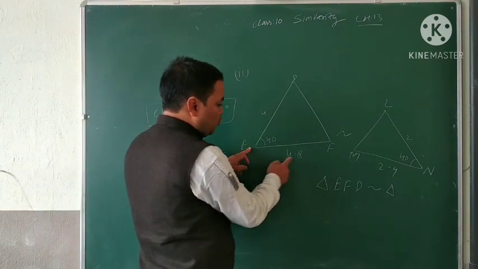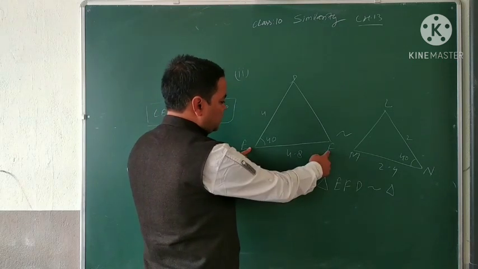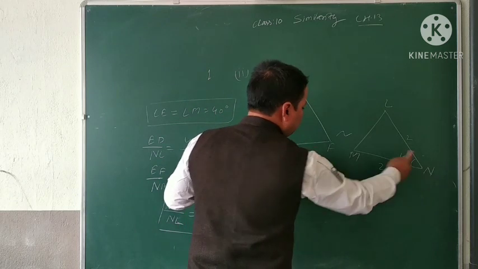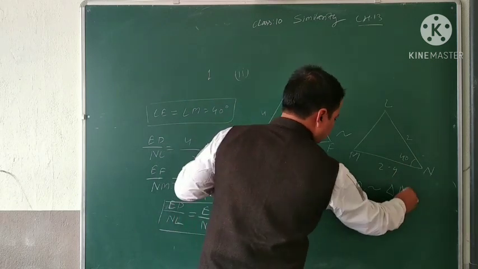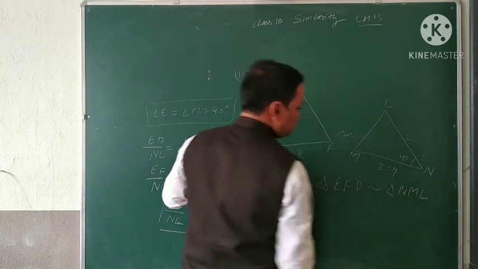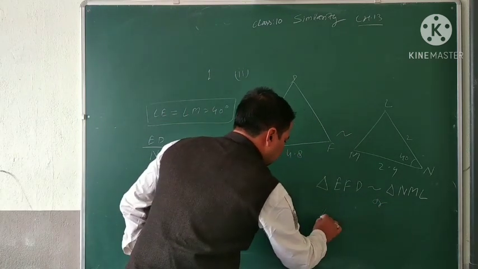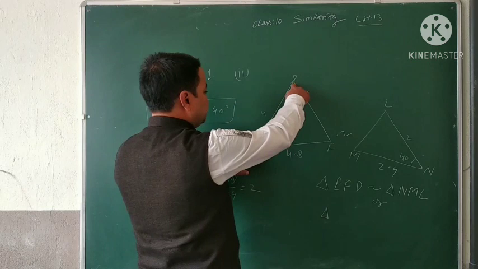From E to D we move to N to L. So here E, F, D, and here N, M, L. Are we correct?